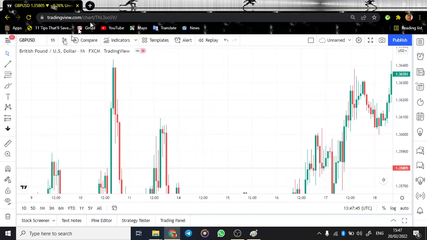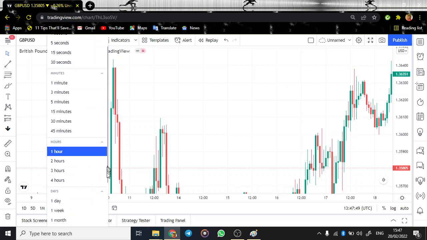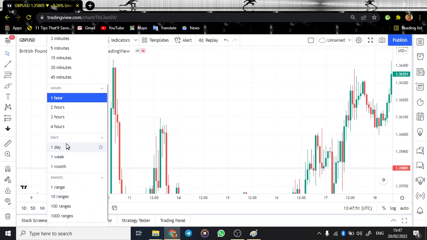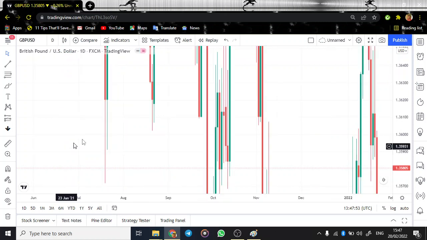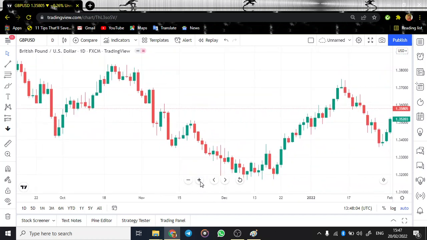Okay, we were on the 1 hour time frame. Let us go to the daily time frame, meaning 1 day. When you go to a daily time frame, this is whereby we say every candlestick that you see took an entire day to create.